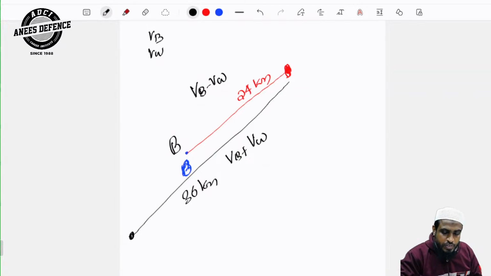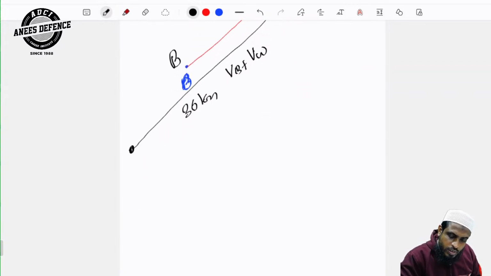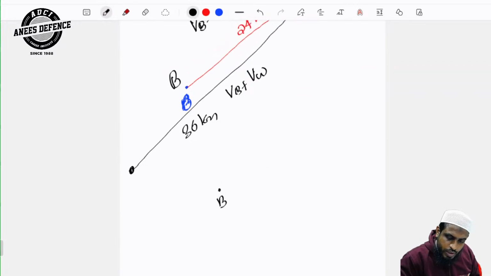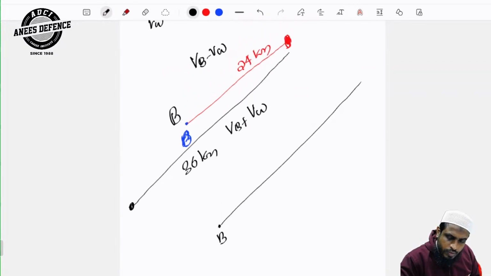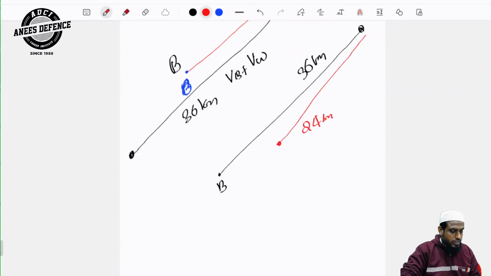Then the next condition given: the time taken T1, T2, T1 plus T2. In the next case, the boat is going 36 kilometer up, then 24 kilometer down. 36 up and 24 down takes 6.5 hours.